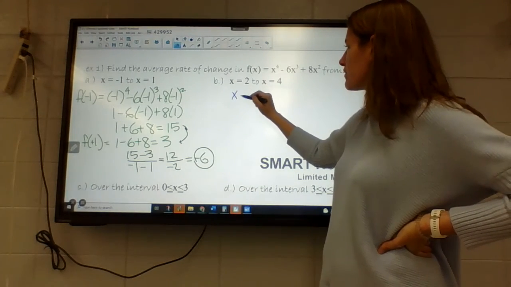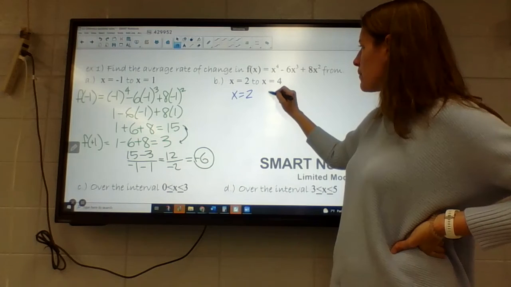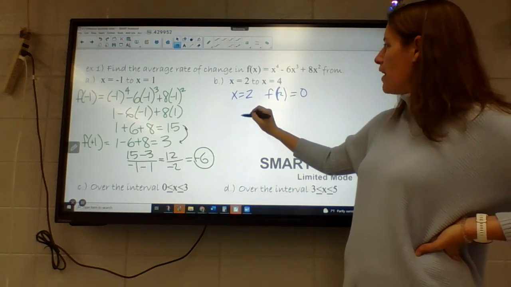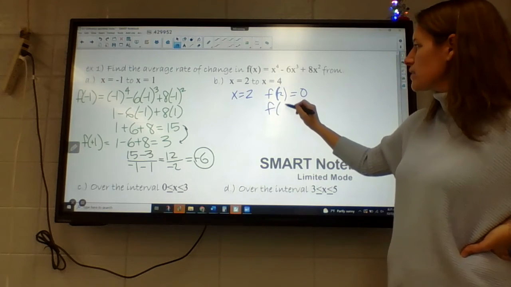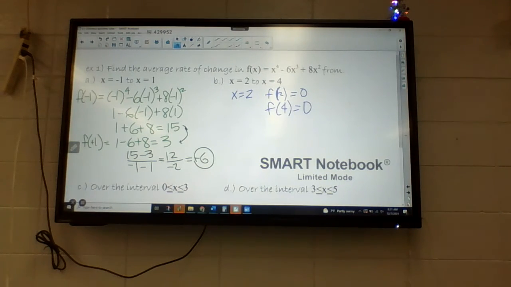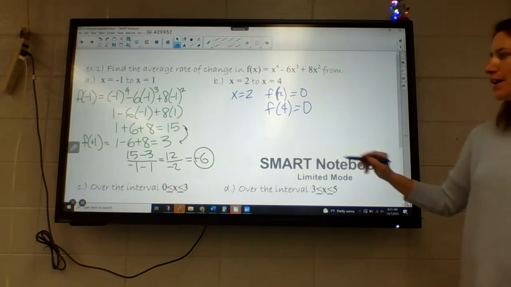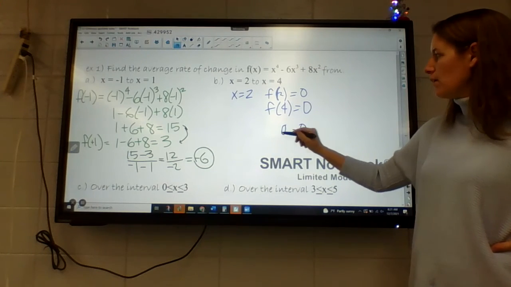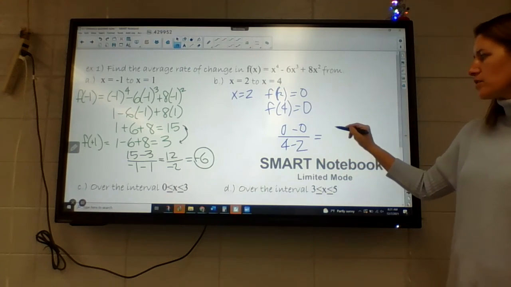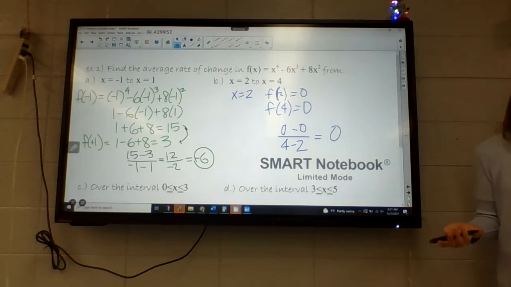So yeah, that's right. So x equals 2, the f of 2 would be 0. And then the f of 4 is also going to be 0. And again, just be careful with those signs. So if you aren't getting 0 for that, then our rate of change is 0 minus 0 over 4 minus 2. It's just going to be 0. 0 over anything is just 0.